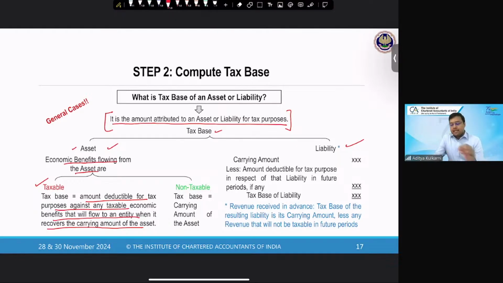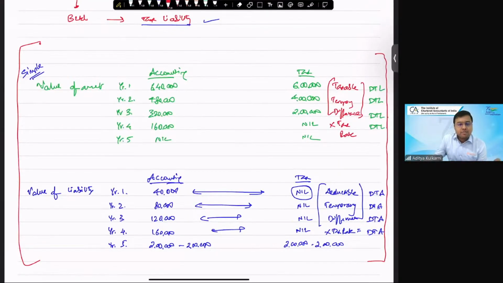I told you in the beginning, I have this asset which is going to give me accounting profit. Against that accounting profit, how much of depreciation I can claim for tax purposes? How much it was? 6 lakh rupees. Yes or no? Hello? Yes, sir. तो बात तो वही हुई. Yes. 6 lakh you can claim in the future. 4 lakh you can claim in the future. 2 lakhs you can claim in the future.